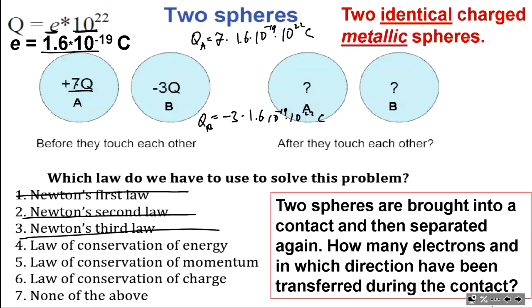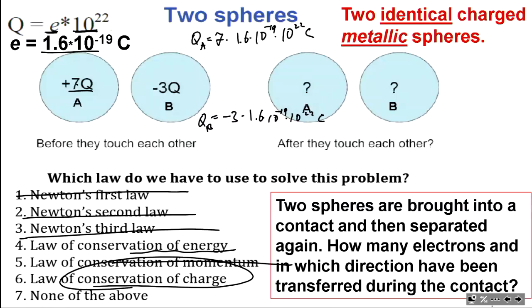Essentially, it could have been energy, but that doesn't really help because everything basically converts to energy, mc squared. So, not this, this. We have to apply the law of conservation of charge.